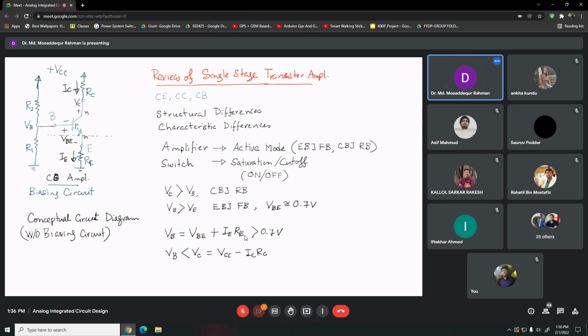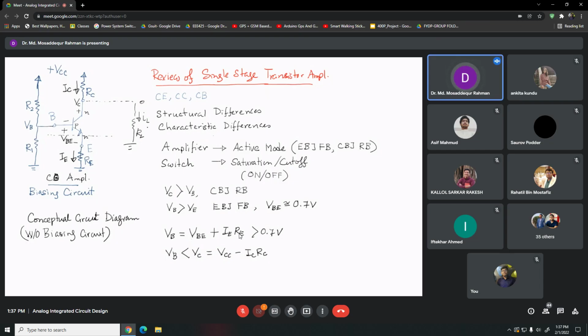When you operate the amplifier, it will be connected to a load, and the load will draw a certain amount of current, IL, the load current. It has to be supplied by this transistor. So this IL basically will come from IC.